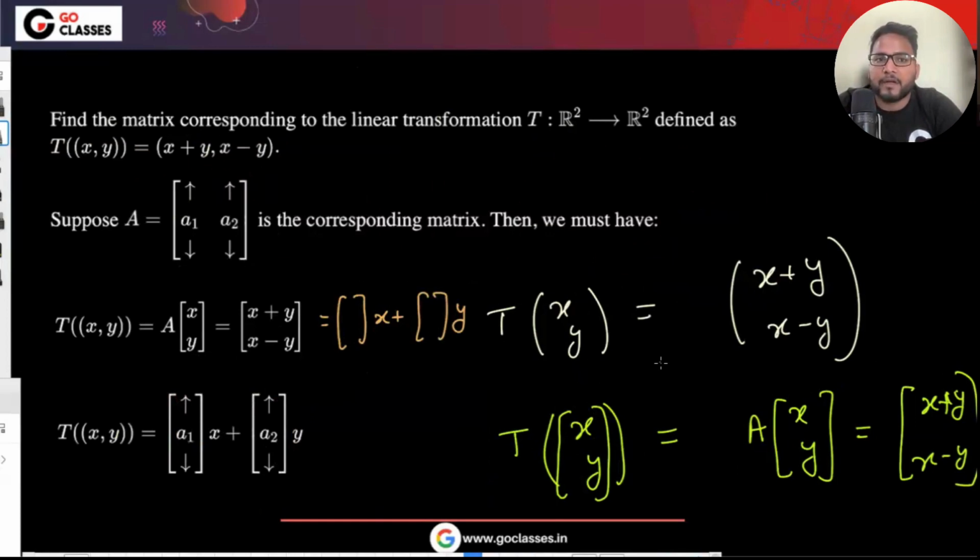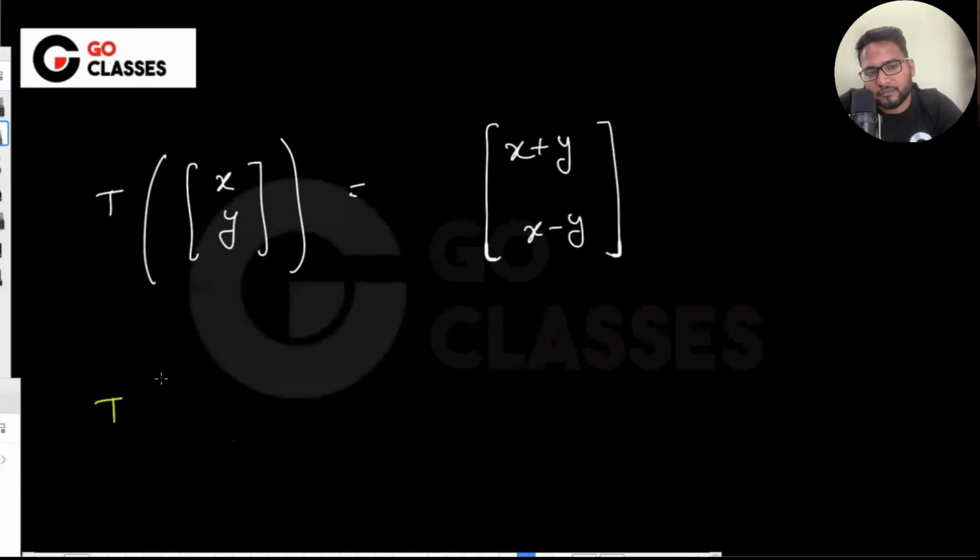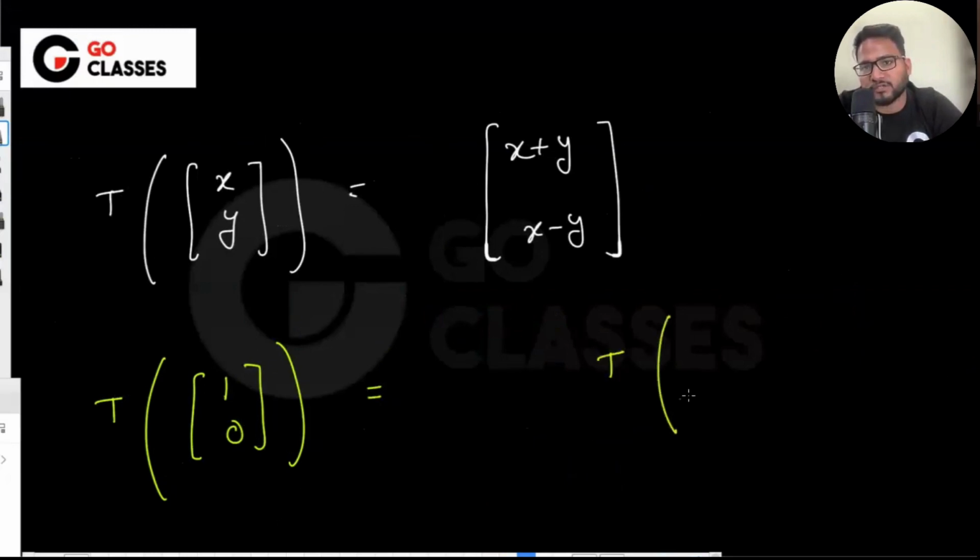Great. Now, let's take the same transformation, which is T of (x, y) is (x plus y, x minus y). Tell me, what is the transformation of the basis vector, let's suppose (1, 0)? And similarly, what is the transformation of the basis vector (0, 1)?